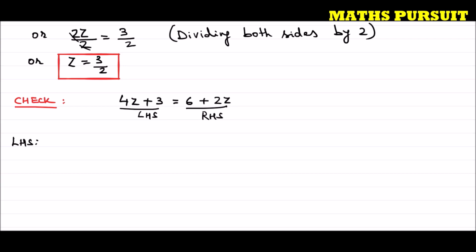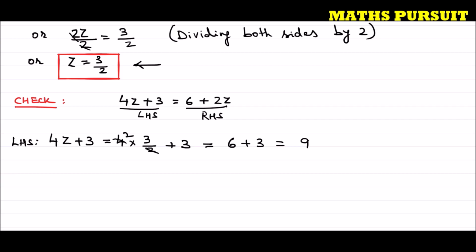So the left hand side is 4z plus 3, that is equal to 4 into the value of z, which is 3 divided by 2, plus 3. 4 into 3 upon 2: 2 twos are 4, so we get 2 threes is 6, plus 3, that is equal to 9. What we got? We got 9.